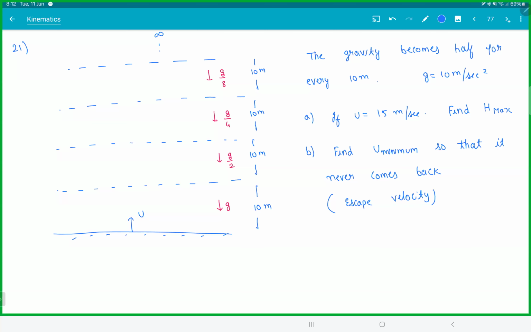How did you get so small a value? Forget about everything. If I just use the formula u squared by 2g, how much will you get? 15 squared by 20, that is 225 by 20, that is 11.25. So this is definitely wrong, right?